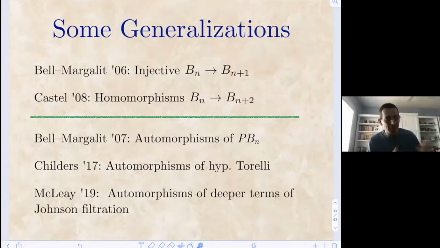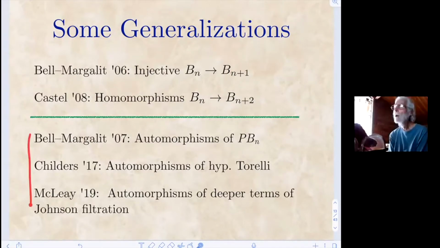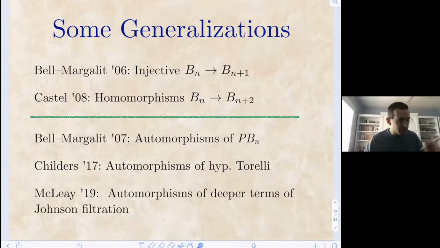When you classify homomorphisms from Bn to Bn+2, you're also classifying homomorphisms to n+1, because if you had a weird homomorphism from Bn to Bn+1, you would then get a weird homomorphism by including into Bn+2. So those are the main ones. Down at the bottom, I mentioned some other ones, such as automorphisms of the pure braid group and other versions, but the main part for the talk is just these at the top.